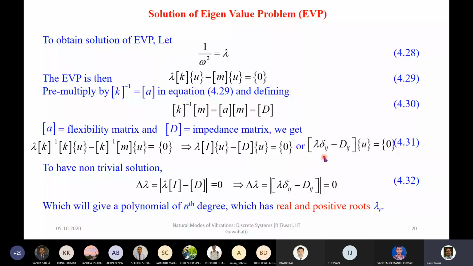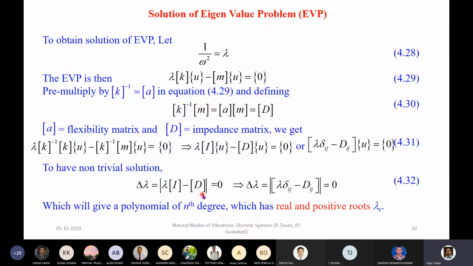Now, to get the eigenvalues, we need to take the determinant of this equal to 0. If we take the determinant equal to 0, that I'm representing as delta lambda, this will basically be in the form of a polynomial. So here in the matrix form, it is represented like this.